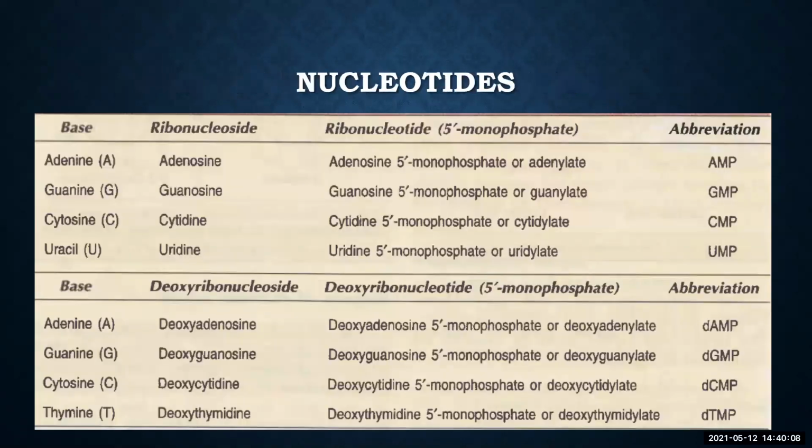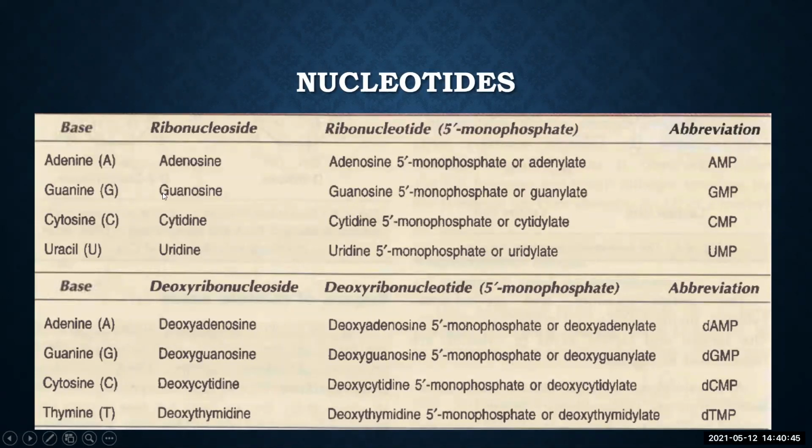So here are the names of nucleotides. On the left, you can see under the base, there are 4 nucleotides given, and this is for ribonucleosides. That means the top area of the table is meant for nucleotides that contain ribose sugar. As the rule suggests, we will name them. Adenine is a purine. The sugar here is ribose sugar, so there is no prefix.